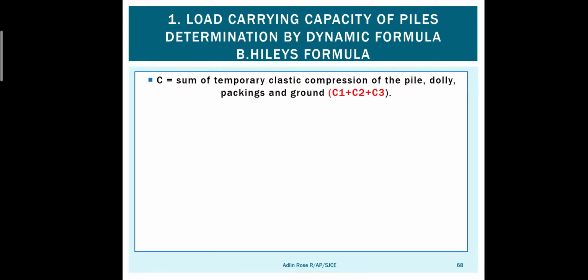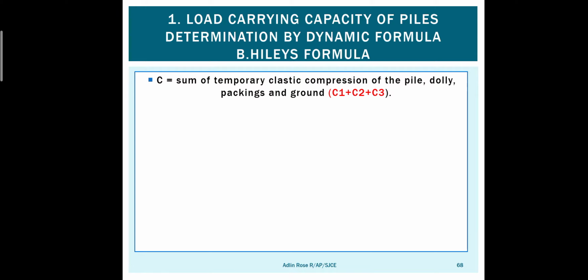We will have a dolly in between. Dolly is something with a bigger diameter than the pile, and it is placed between the pile and the hammer. So the hammer blows will be falling on the dolly, and the dolly will be protecting the pile while driving the pile. So that is the dolly.